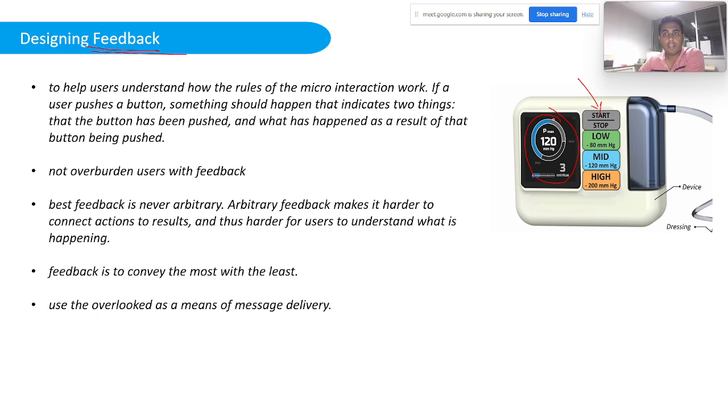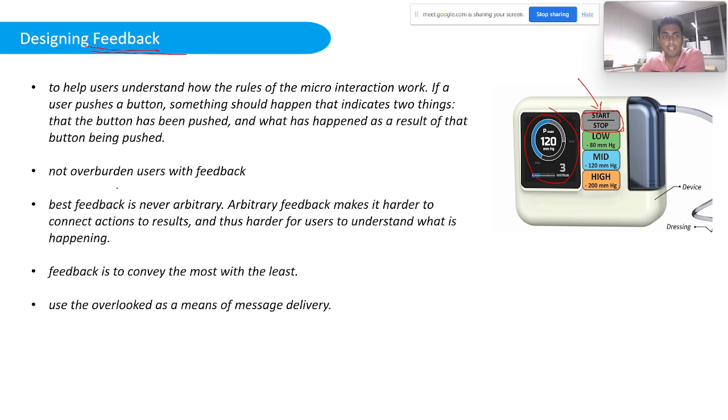Then, after detecting that precondition or state of the system, when the user triggers a particular input-output modality, you should also provide feedback about that action which the user has performed. It can be a beep sound, it can be some sort of vibration, like that. Actually, you can provide feedback.